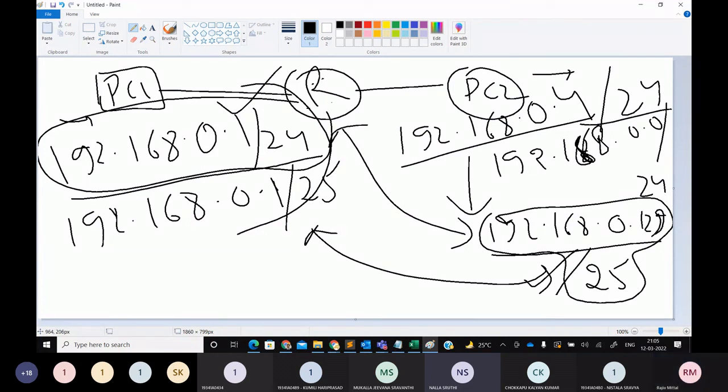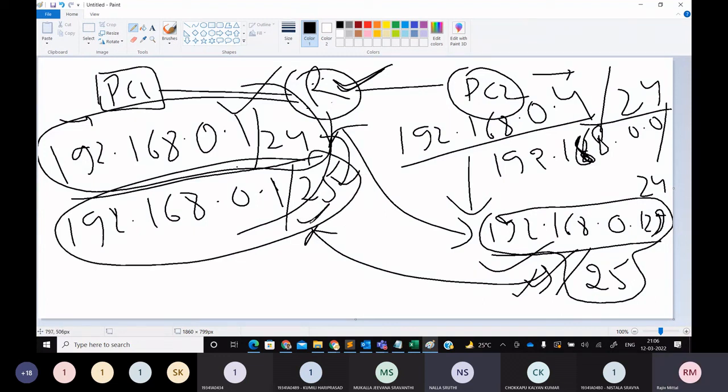Now, technically, nowadays routers are so advanced that they understand this difference, and they find out that this IP belongs to a subnetted IP from this one only, and they treat it as 25 automatically. But for the case of study here, we should be as correct as possible. We should always give subnet 25 on this side.